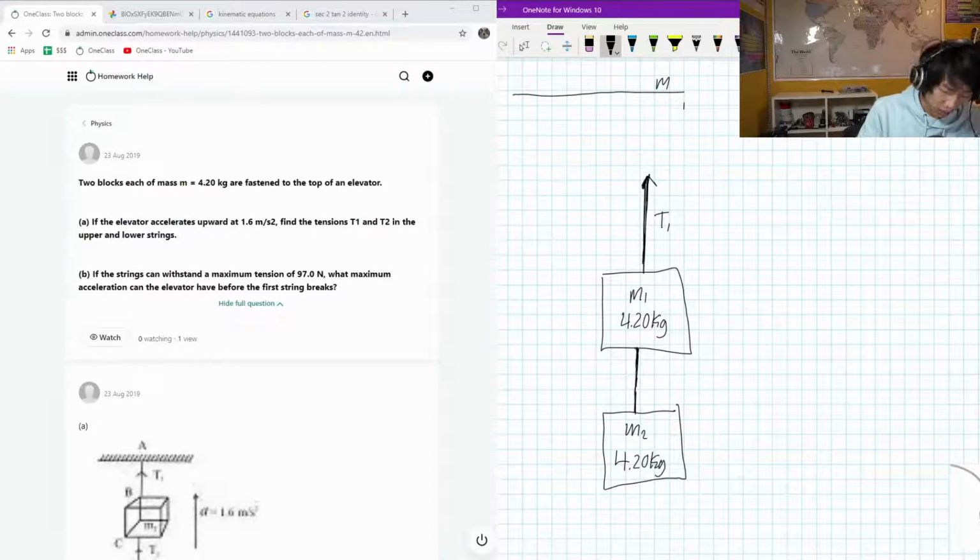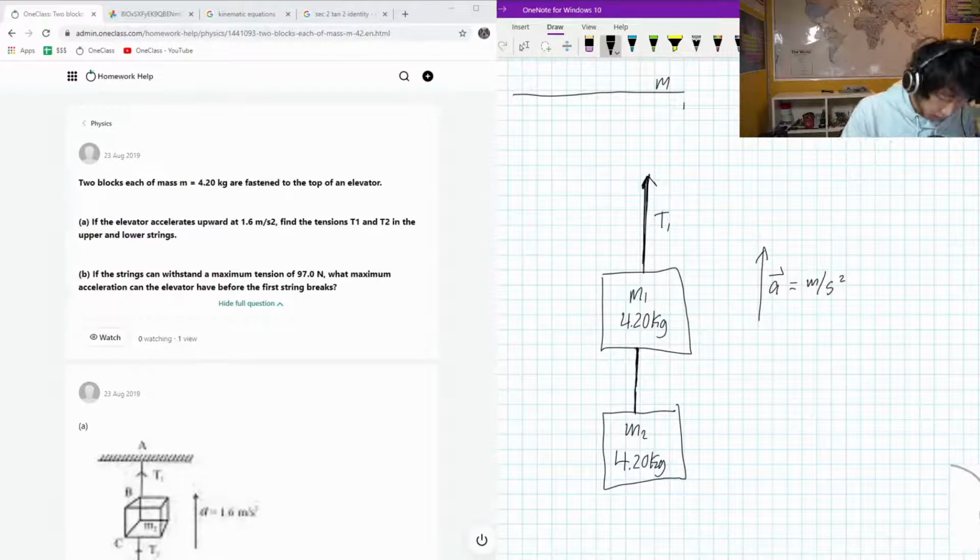That's the situation. The total acceleration upwards is 1.6 meters per second squared. And this will be tension 2.